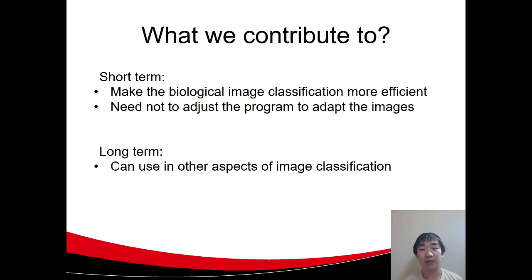So we can use this program to classify all kinds of images, not only in biological image aspects, but also to identify cars on the road, how many cars there are. That's the long term we contribute to.